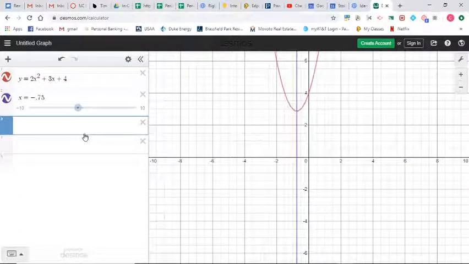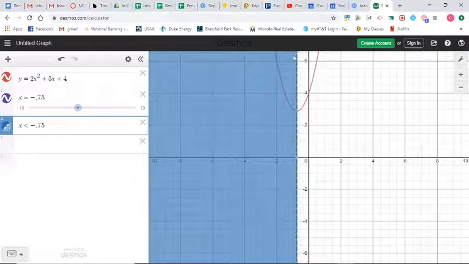So if I say x is less than negative 0.75, if you guys see here, this is the section of the graph where the graph is decreasing. I want to know every single x that makes this thing decrease. So the interval where this graph is decreasing is where x is less than negative 0.75.